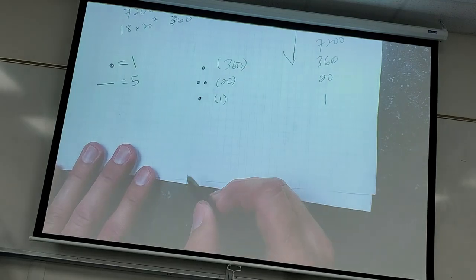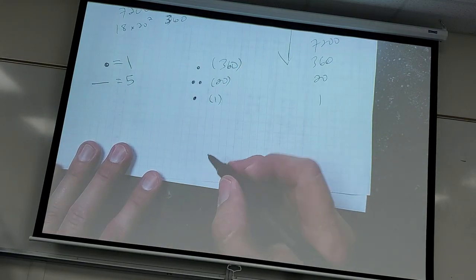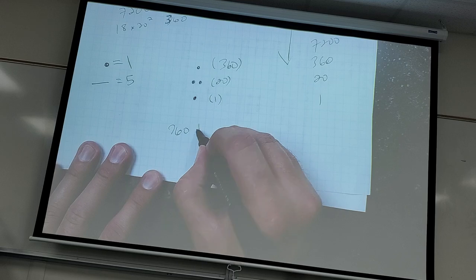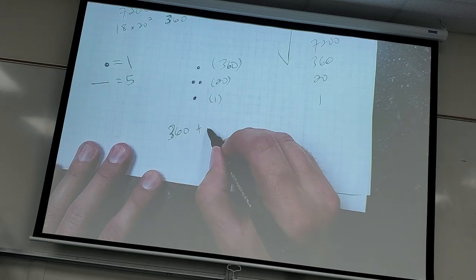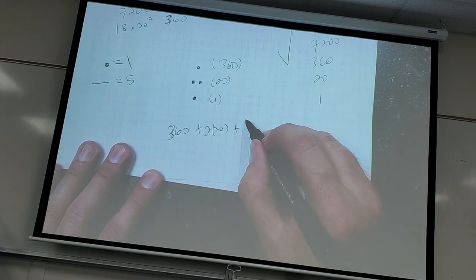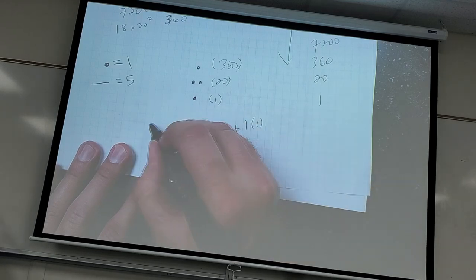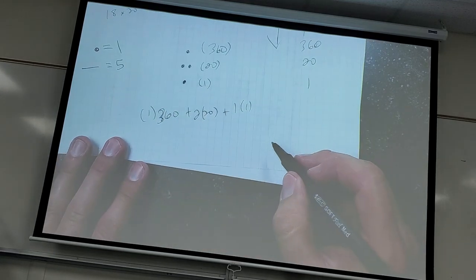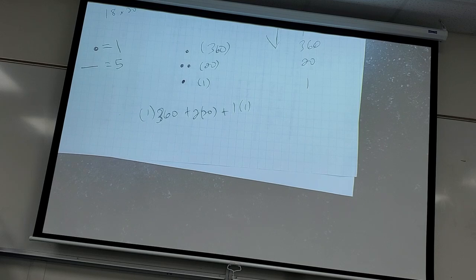How many 360s do I see? 1. Plus how many 20s? 2 20s. Plus how many ones? 1 1. So 1 360, 2 20s, and a 1. So just put it together. If it's a place value system, I don't care what the places mean, I don't care what the symbols mean, it's going to be multiply and add to put it into our system.